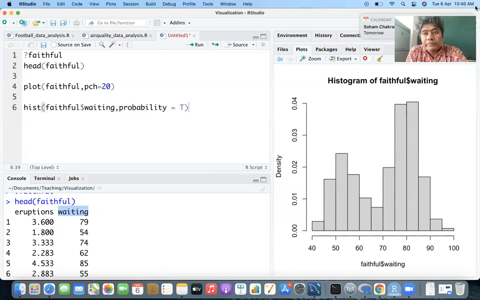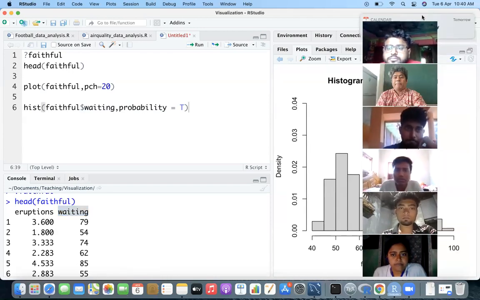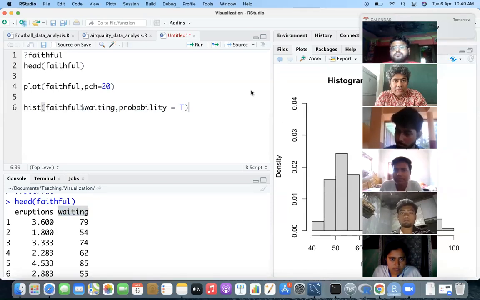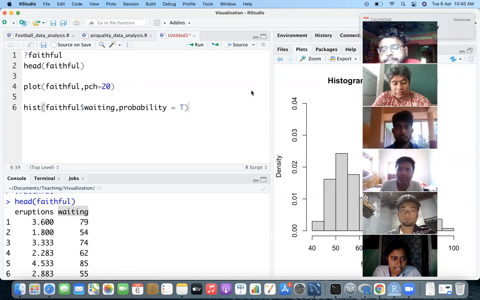Any idea, guys? Some mixture distribution. Okay, there is something called a mixture distribution. What do you mean by mixture distribution here?